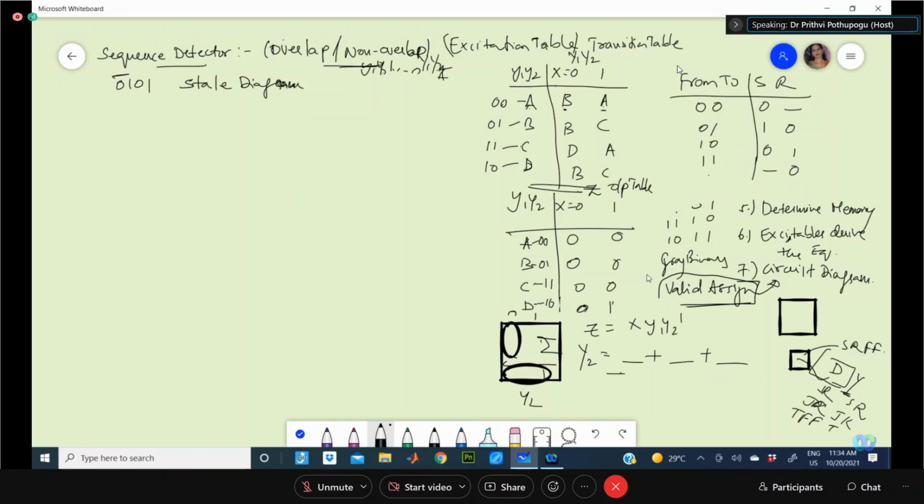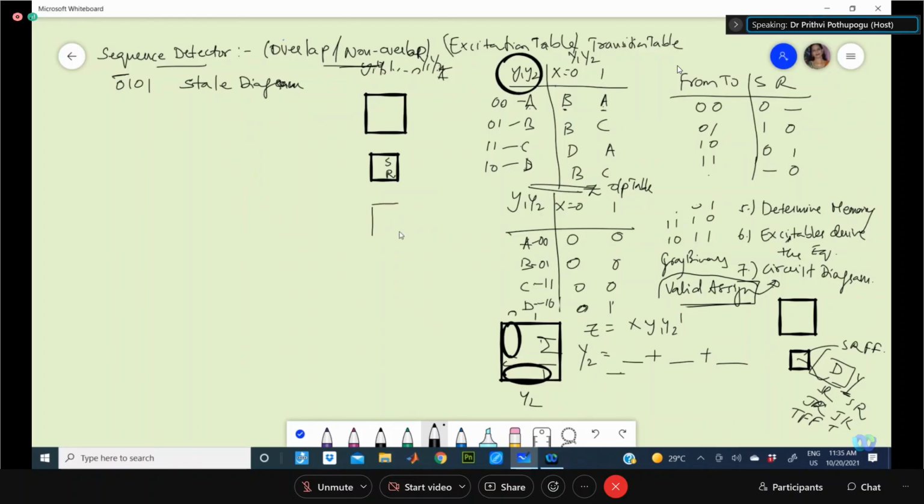Now see here. When this is implemented with SR, how many SRs are needed? If we take this for SR implementation, this is S and this is R. As many variables as we have, that many SRs are needed.